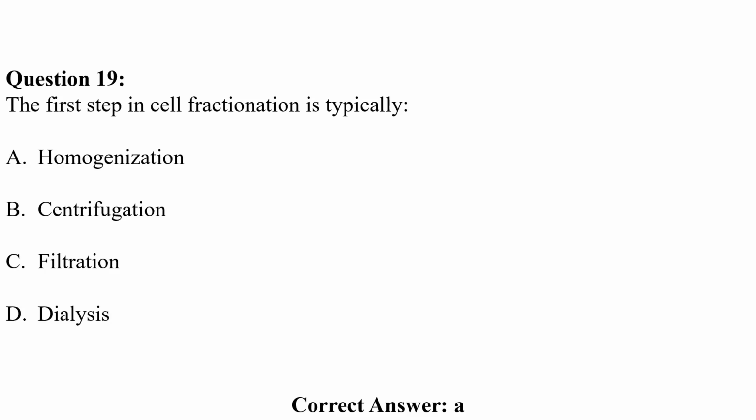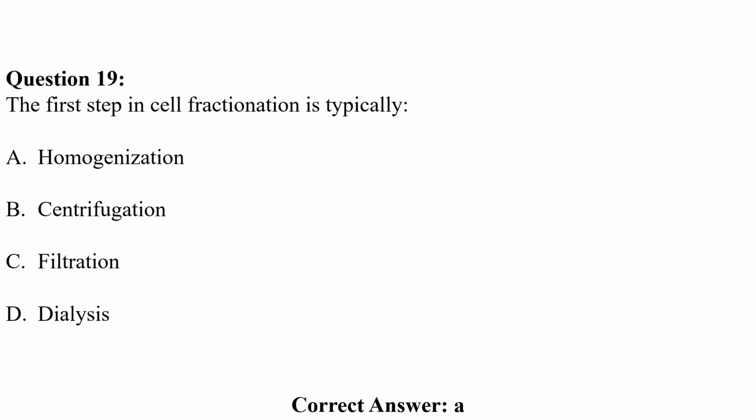Homogenization means you have to break down the cell and solubilize it in a particular medium, a particular buffer, where you can then do the centrifugation and further processing to separate the different fractions, right?